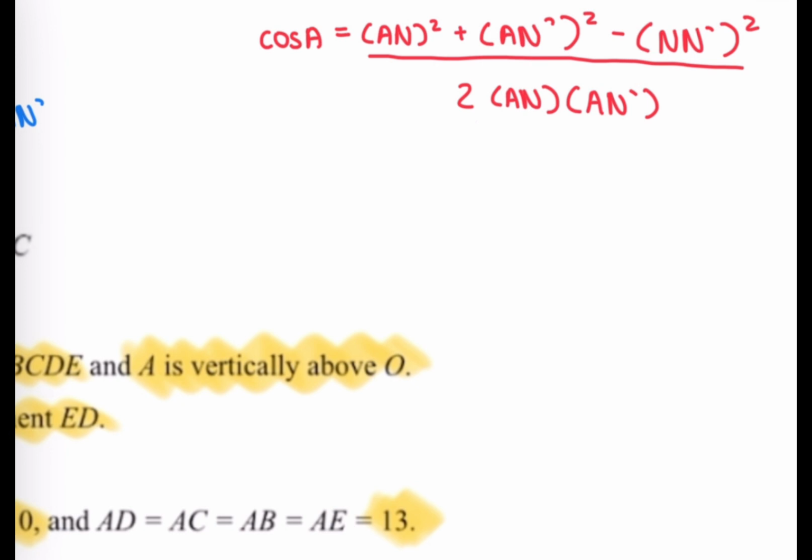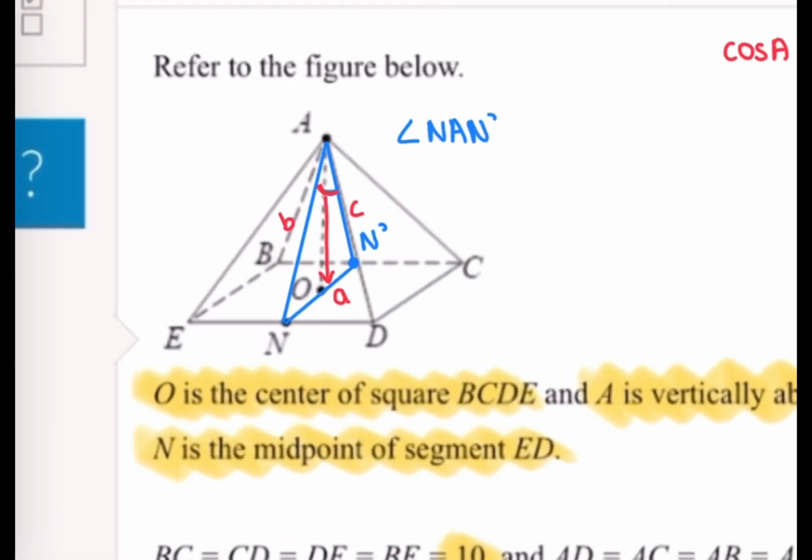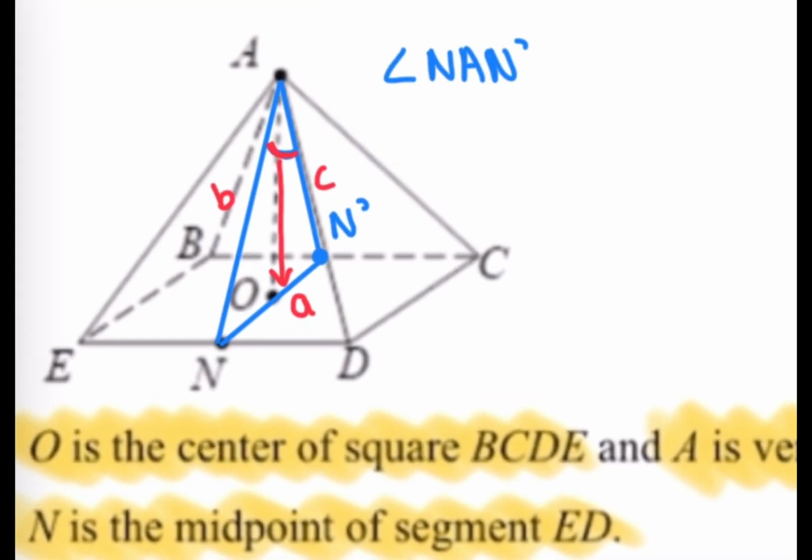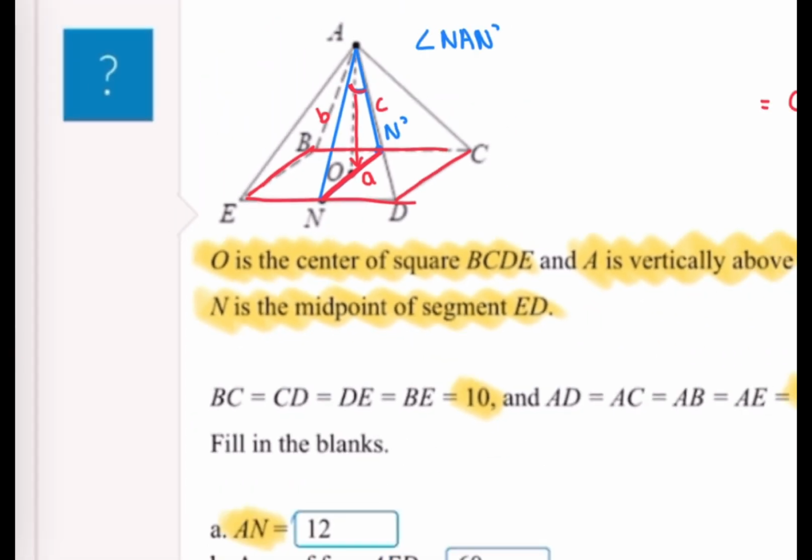That's going to equal 12 squared, because that's AN, plus 12 squared for AN prime, minus, now we have to find the value of A. Our A here is NN prime, and if you look, this side is equal to all of these sides, which are equal to 10.